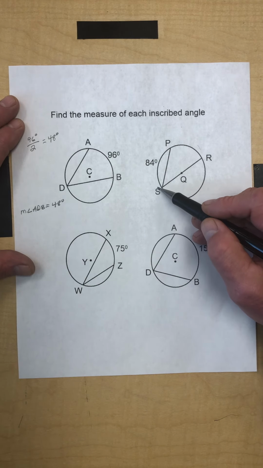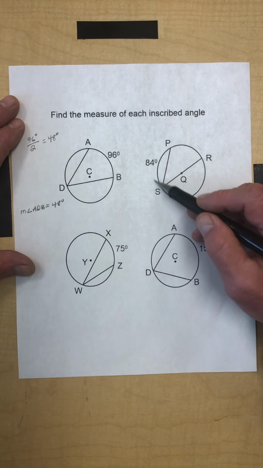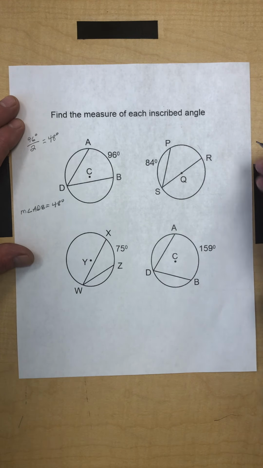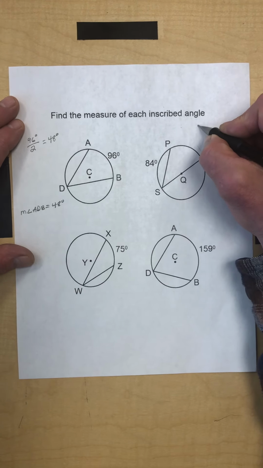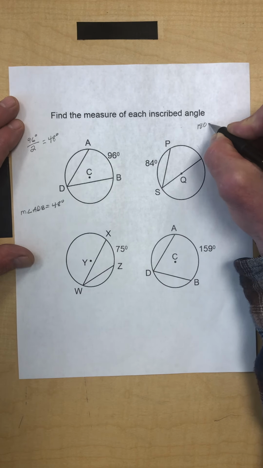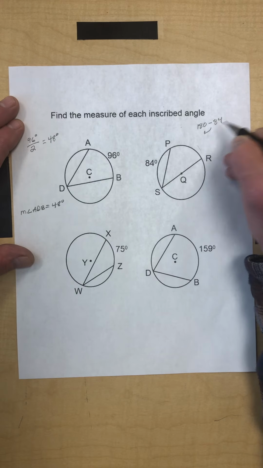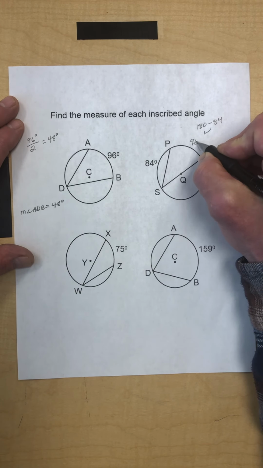If arc SP is 84 degrees, then arc PR has to be 180 minus 84, which is going to give us 96 degrees.